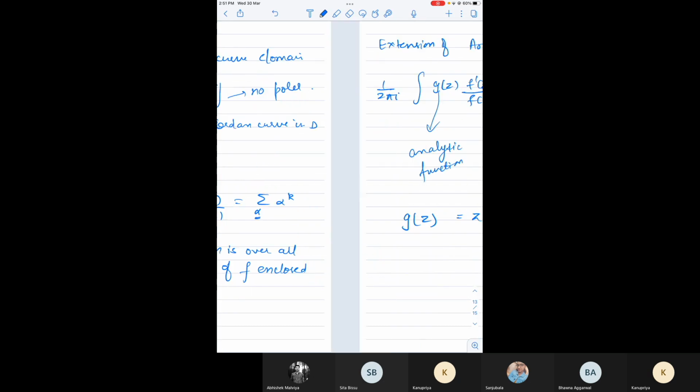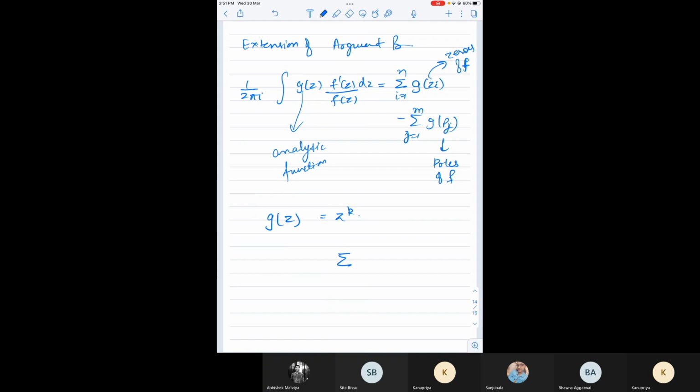Then applying this theorem, you will get the summation of z_i raised to power k, i is 1 to n, or you can say alpha k, where alphas are the zeros of the function f. Is it okay?